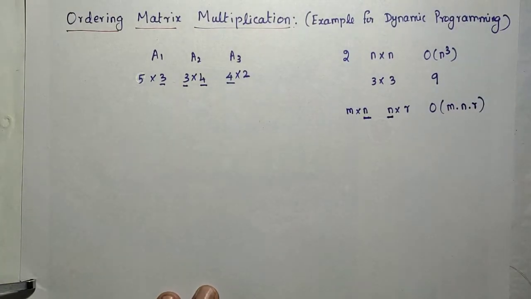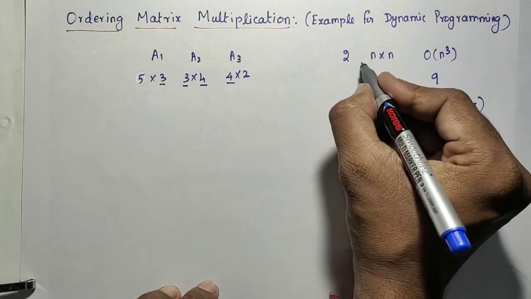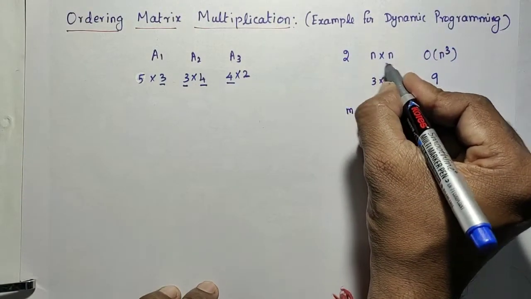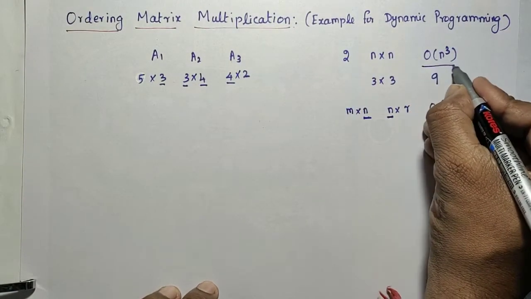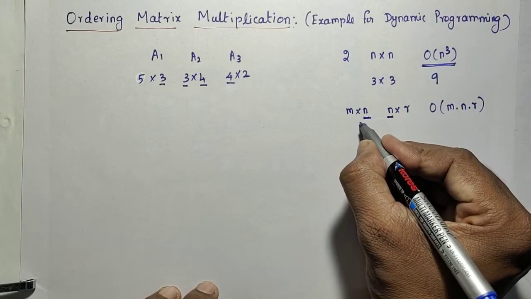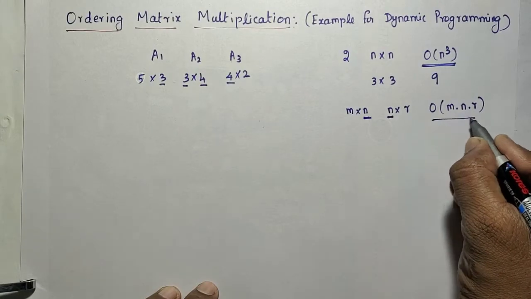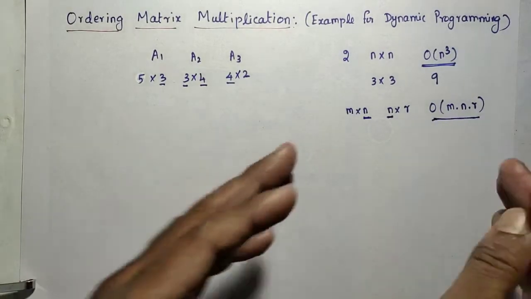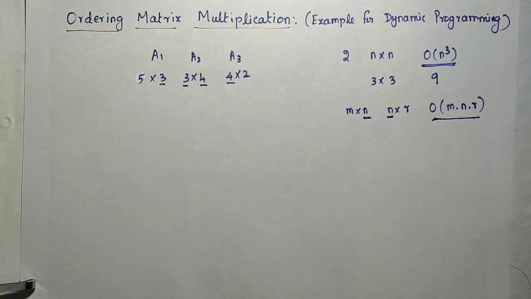That is simple. For square matrices it is O of n cube, and for matrices with different dimensions we need simply m into n into r.